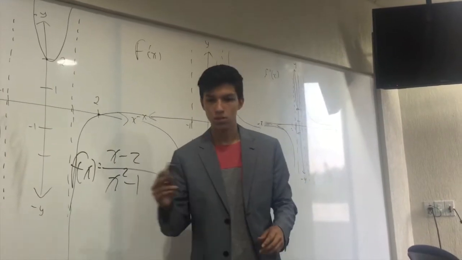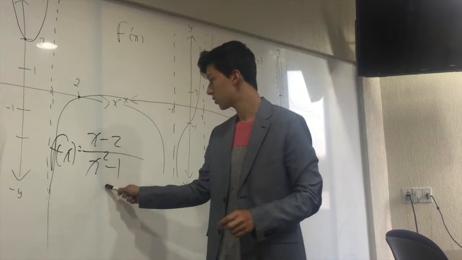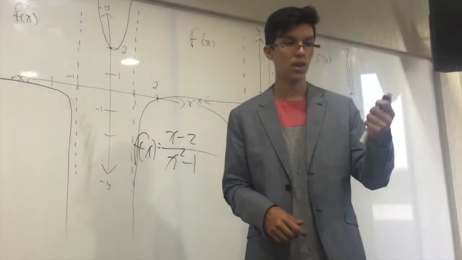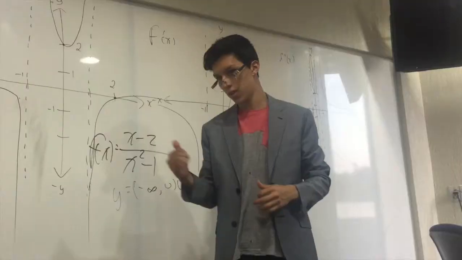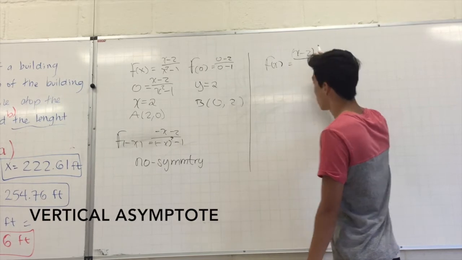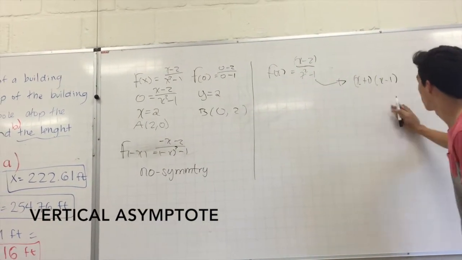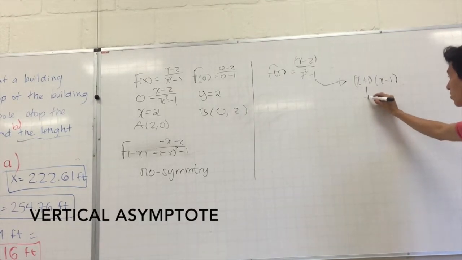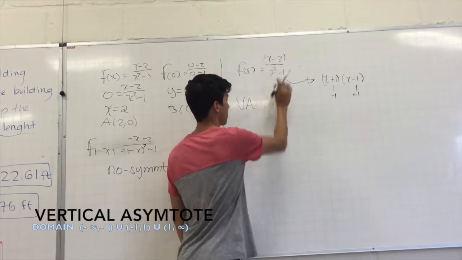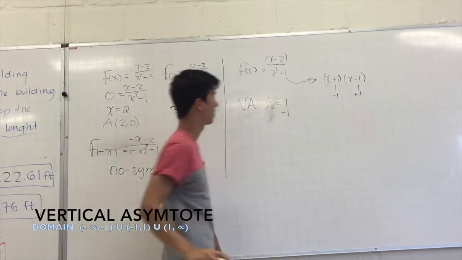So first of all, which of you can answer me what is the domain of this function? What is the vertical asymptote? Okay, fine. We can find the vertical asymptotes with the restrictions. So the restriction will be minus 1 and plus 1. X is equal to 1 and minus 1.